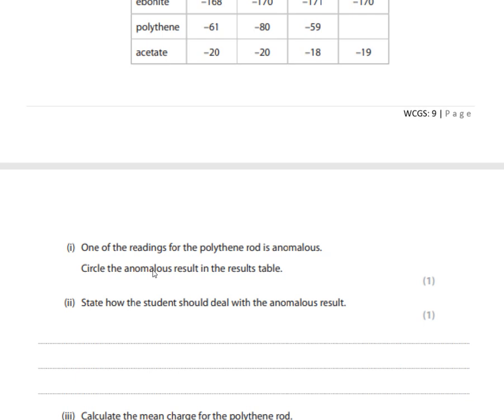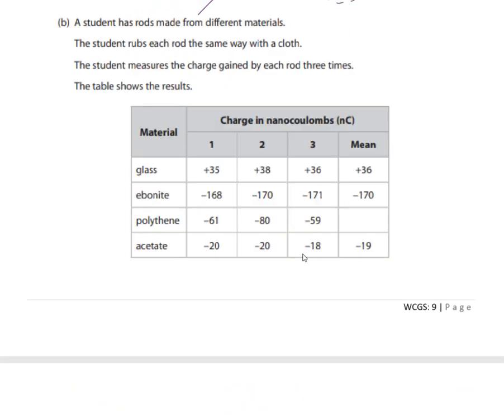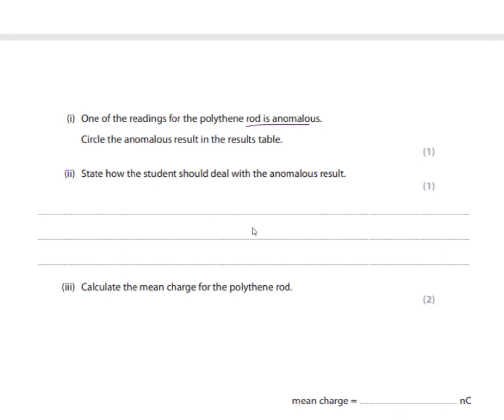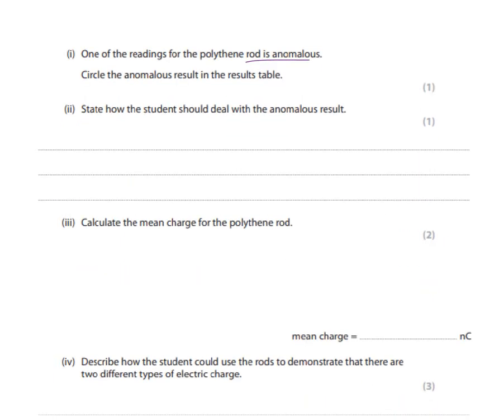Which one is the anomalous result? It's polythene, so look at polythene. We've got 61, we've got 80, we've got 59. Now 59 is closer to 60, so the answer is this one. Circle it. Now, how can the student deal with this?